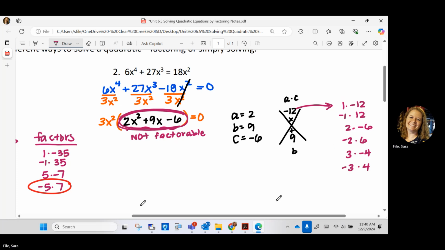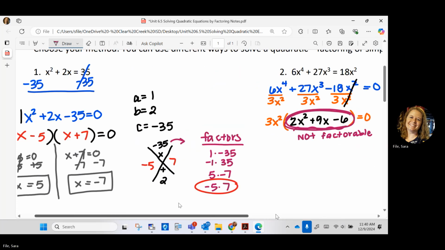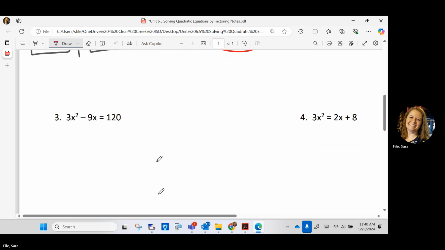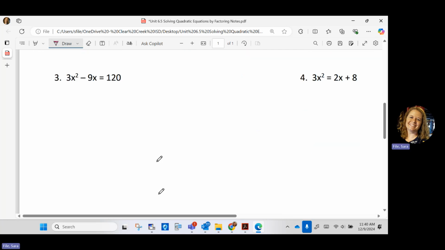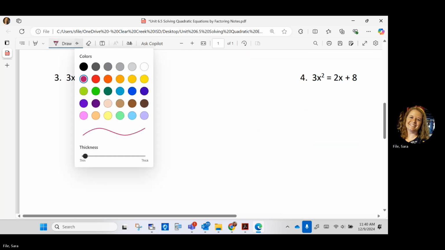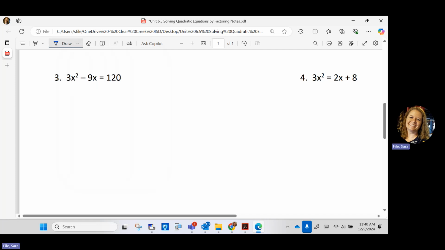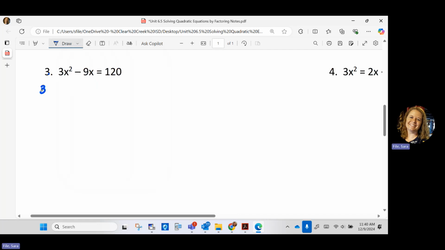Okay, let's move to the next one. Okay, here I'm going to move that 120 over here to the other side by subtracting it. And then this has a GCF also.